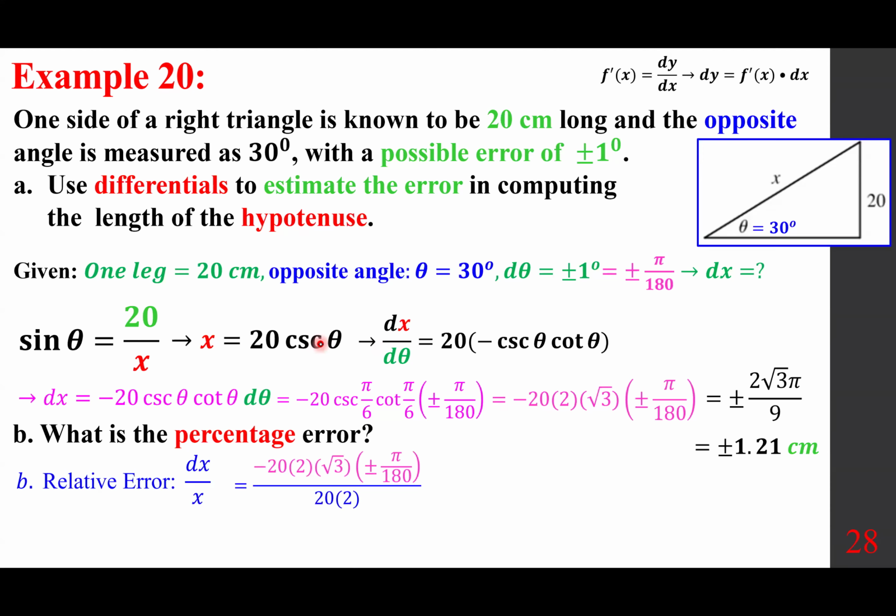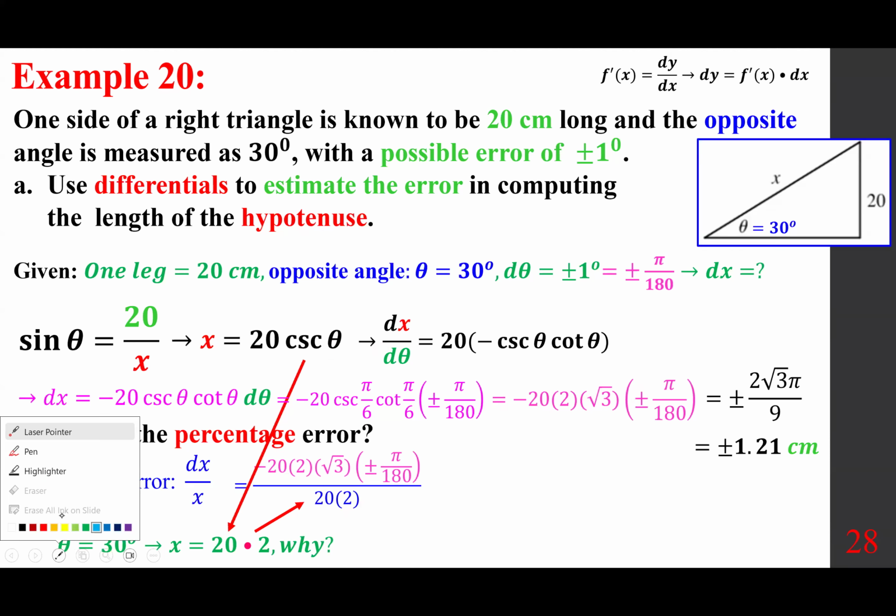So we're going to use this one for the numerator, and we're going to use 20 times 2 for the denominator. This is where it comes from.